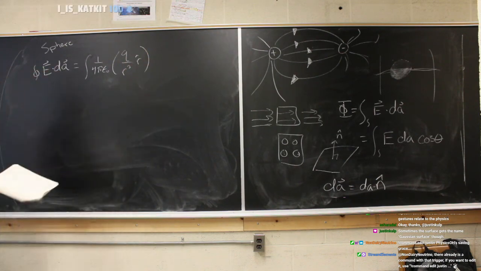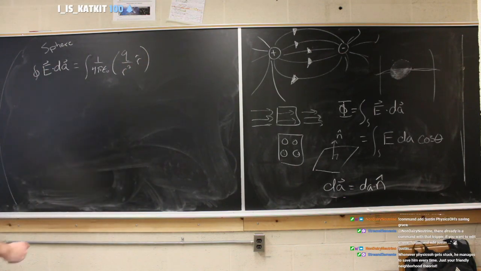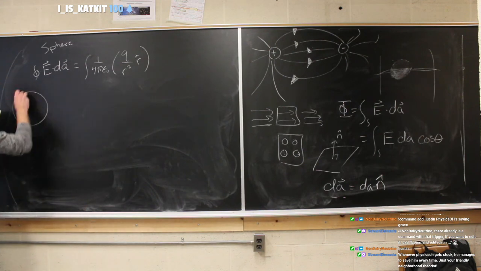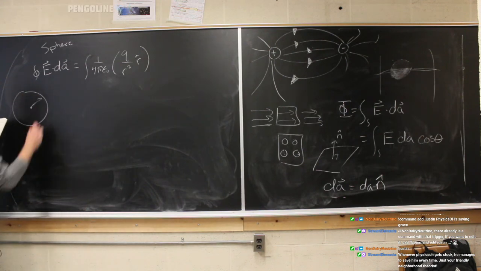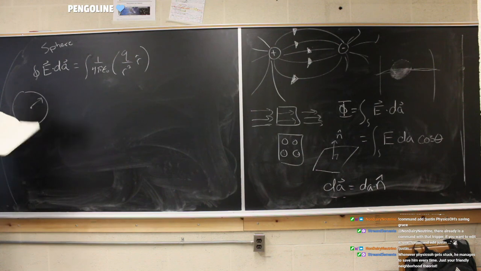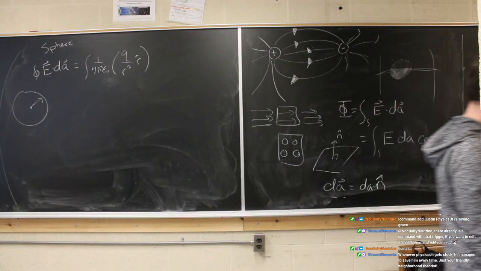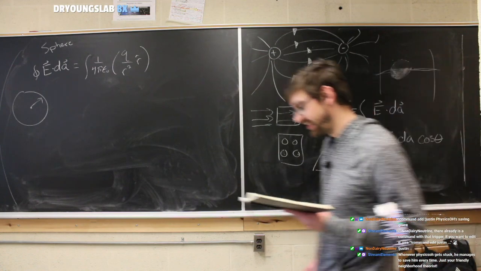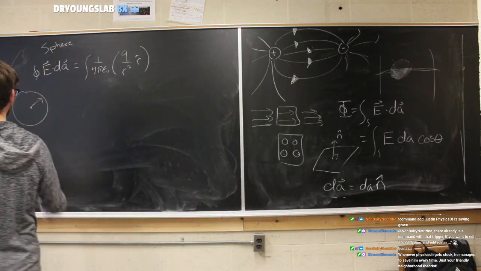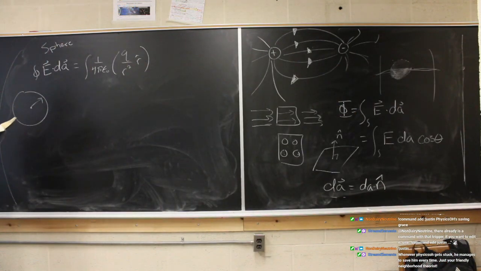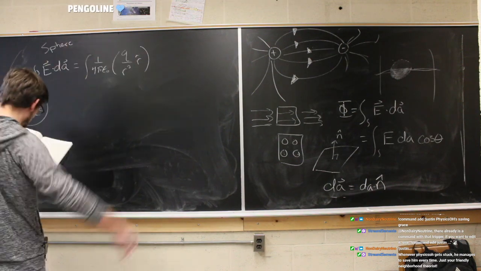So again, now we're going to go back to the electric field. So inside of a sphere, let's draw out here. We have a sphere with a charge in the center. The surface area of the sphere is going to be 4 pi, excuse me. Oh, we haven't done that yet. That's part of the integral, right? So we're integrating over dA. So dA has a, excuse me.